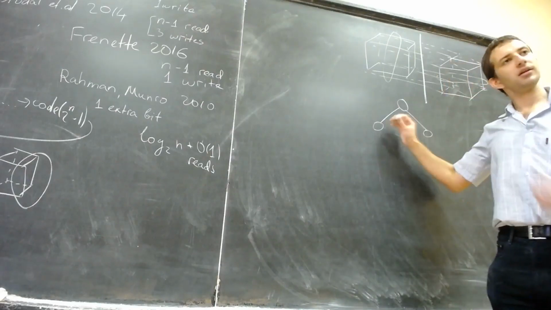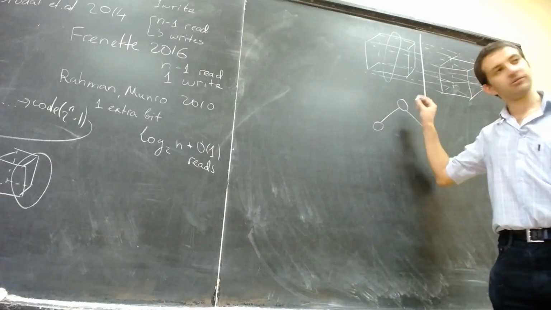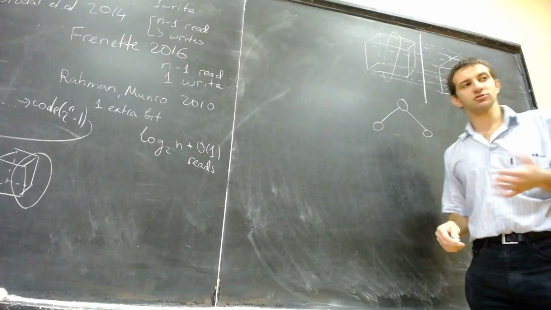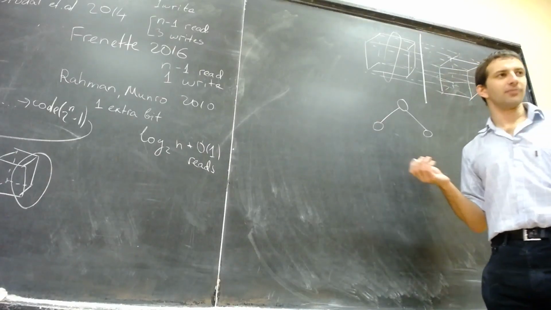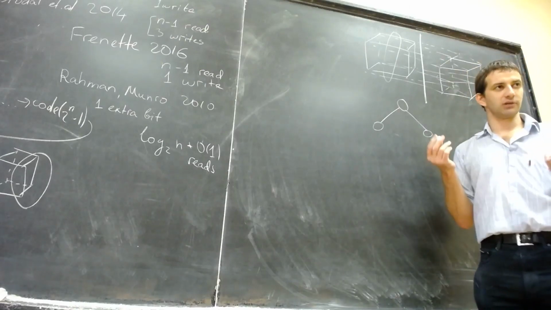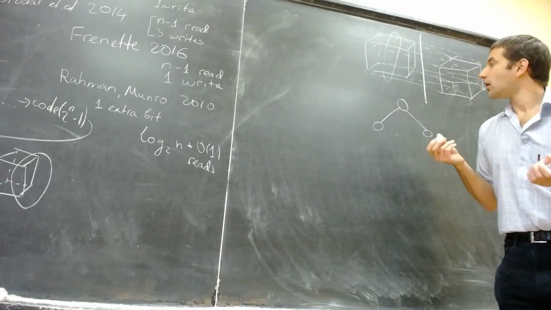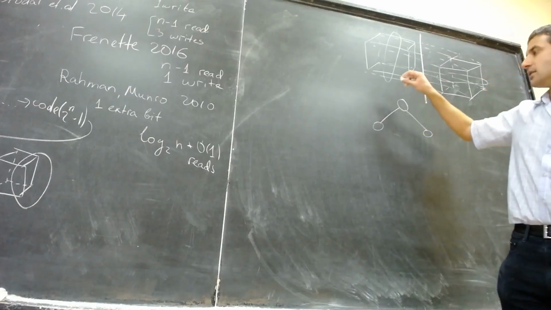And each leaf in the binary decision tree corresponds to some pattern and to some block, by definition, because patterns and blocks are all the same for our purposes.